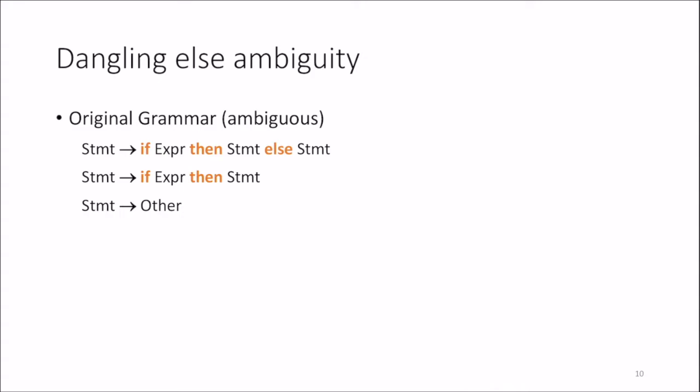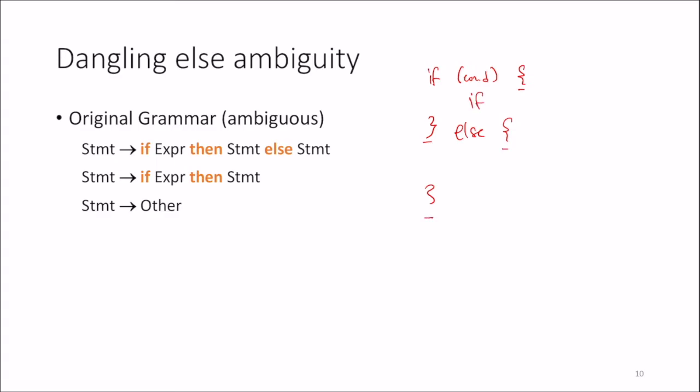Let's look at the so-called dangling else ambiguity. So in all modern programming languages, when you have an if statement, you have a condition and usually have curly brackets that specifies exactly where the if statement block starts and ends. And if I have an else, I also have a curly bracket that shows exactly where the scope starts and ends.